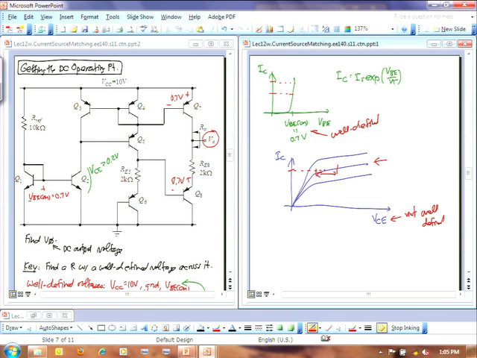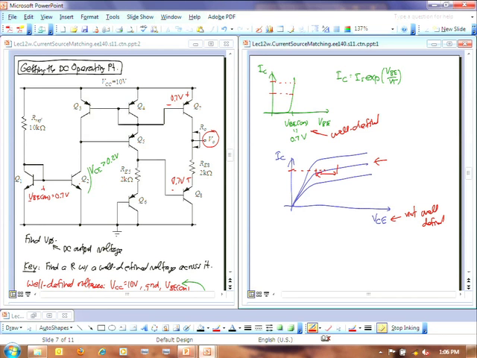If it's forward active, you can't say what VCE is. Something else is going to determine that. If it's saturated, VCE is 0.2 volts. But in most cases, it's not going to be saturated. 10 out of 10 pretty much, it'd be forward active if someone designed it correctly, right? But there's cases where someone hasn't designed it correctly, like me on a midterm, or someone at work, and so you might have to be careful with that.